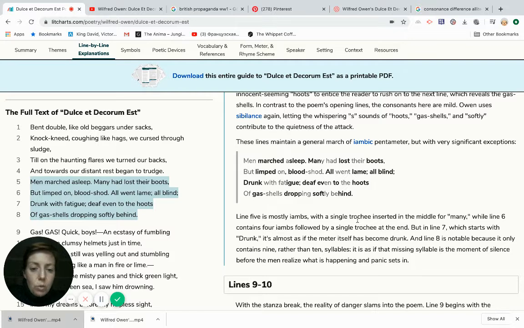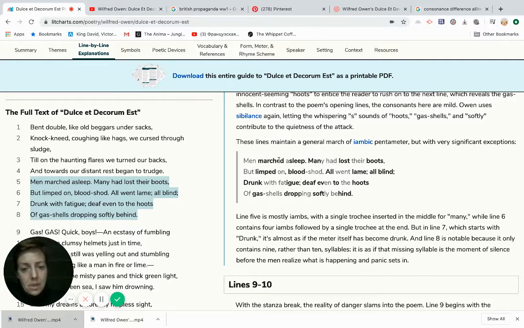Line 5 is mostly iambs, with a single trochee. Now, don't worry, trochee is a strange-sounding word, but all it means is it's the opposite kind of foot from an iamb. So an iamb is a grouping of two syllables with one unstressed and one stressed, like men marched, asleep.